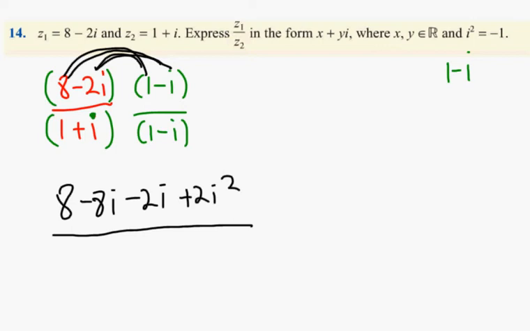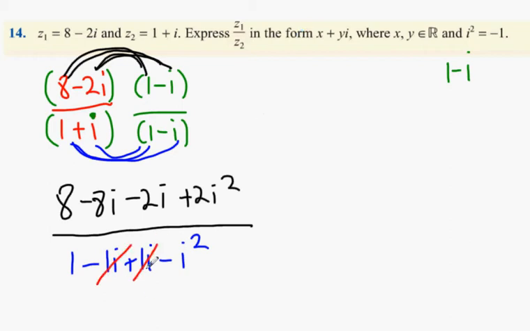And then on the bottom, 1 times 1, 1. 1 times minus i, minus i. 1 times i, i. And then finally, i times minus i, minus i squared. Now, if you do this properly, guys, what happens every time? The middle part of the bottom will cancel out. So minus i plus i cancels.